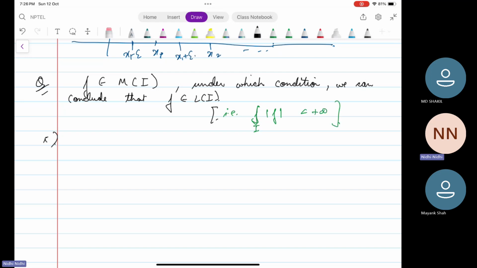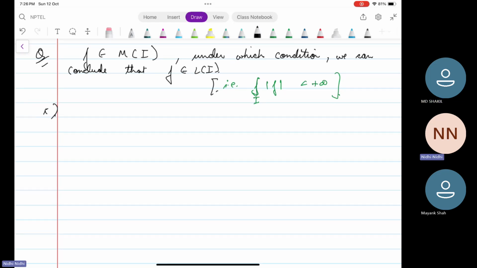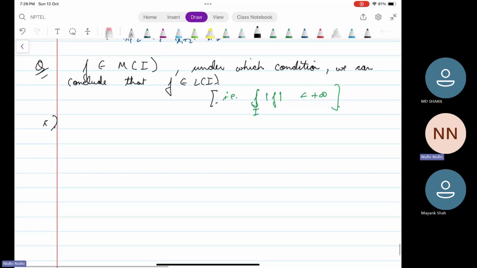The first one says that f is bounded. So in the definition of L1, should this modulus be taken or not? Which definition have you done? Because when we talk about Lp spaces, we take this modulus.